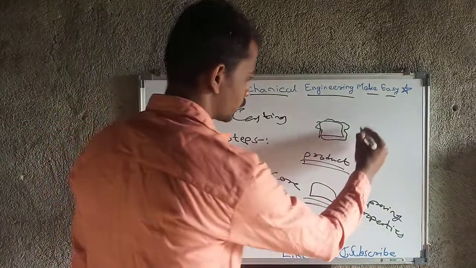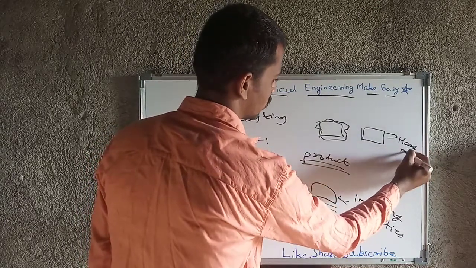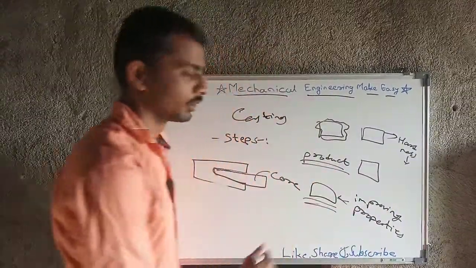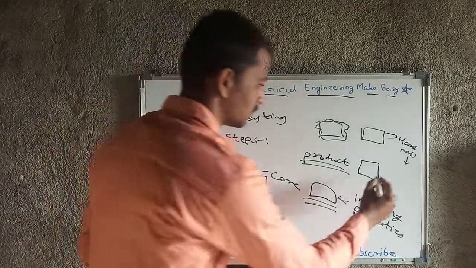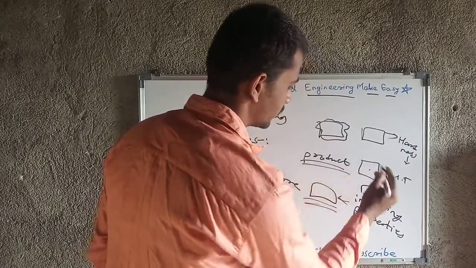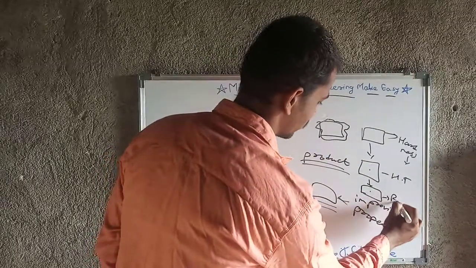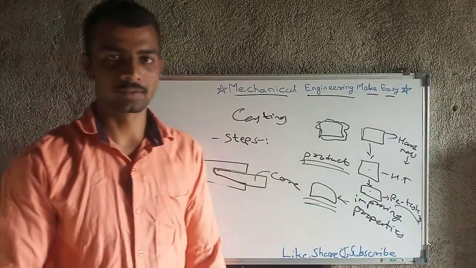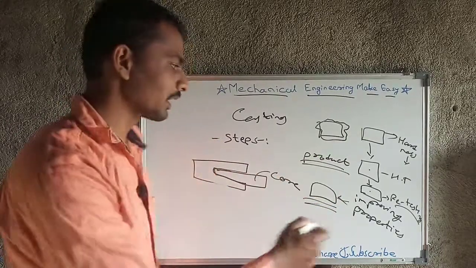First we tested and found that the hardness is low, so we will do a heat treatment, and that heat treatment will increase the hardness. After the heat treatment has been done to this product, retesting will happen to ensure how much the hardness has increased, and whether that hardness value is sufficient or we have to increase it again.